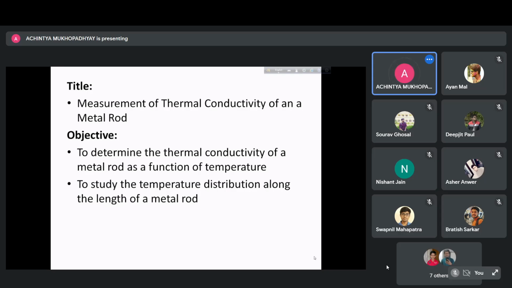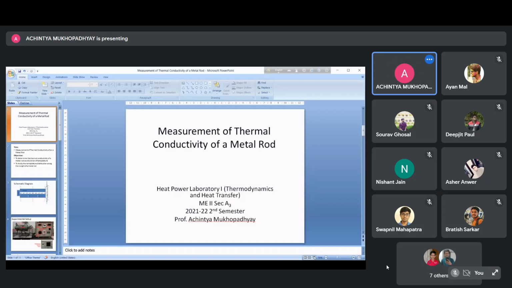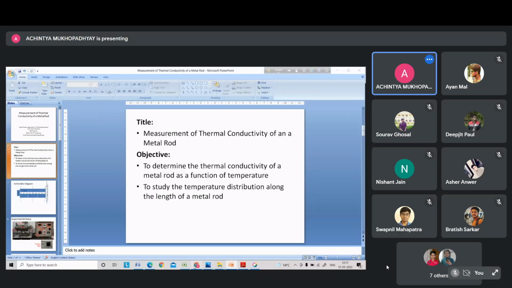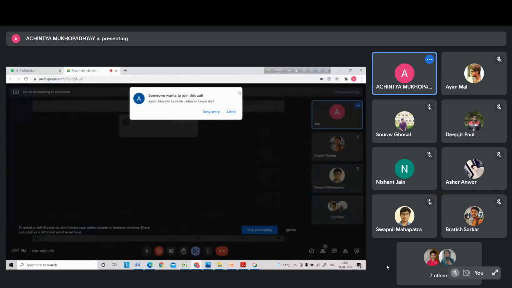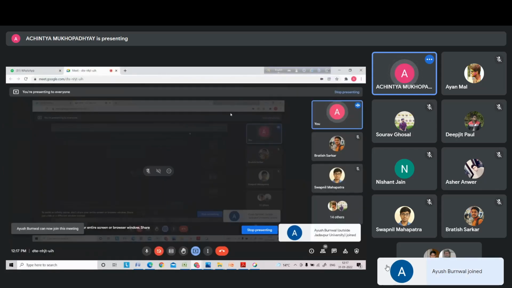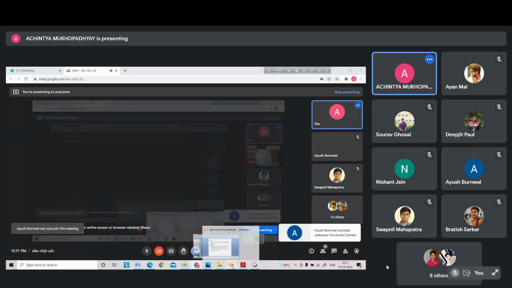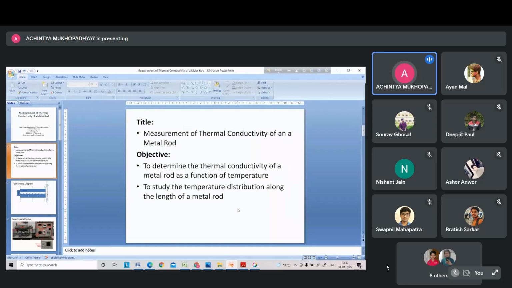That means first we shall determine the temperature distribution along the length of the metal rod and then use it and some other information to determine the thermal conductivity as a function of temperature. Okay, so let us see how it is done.